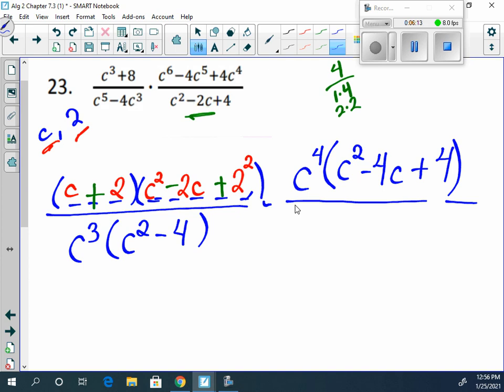So the c squared minus 2c plus 4. Wait a minute. This here is really a 4, isn't it? So what do we have here? C squared minus 2c plus 4, yes? Now, the quadratic that comes out of a sum or difference of perfect cubes, is it ever factorable?